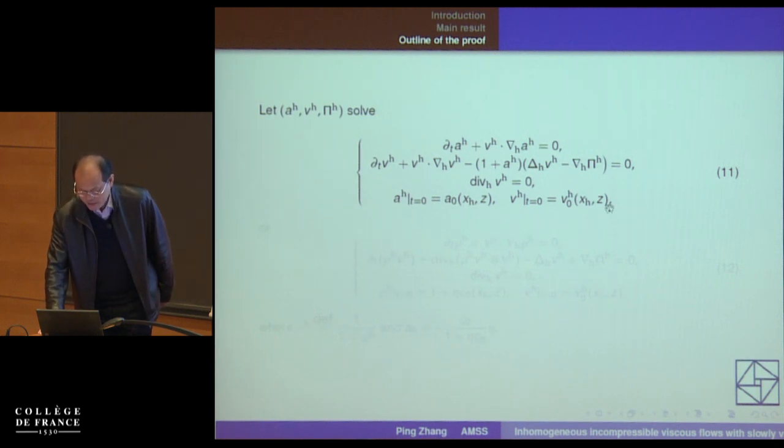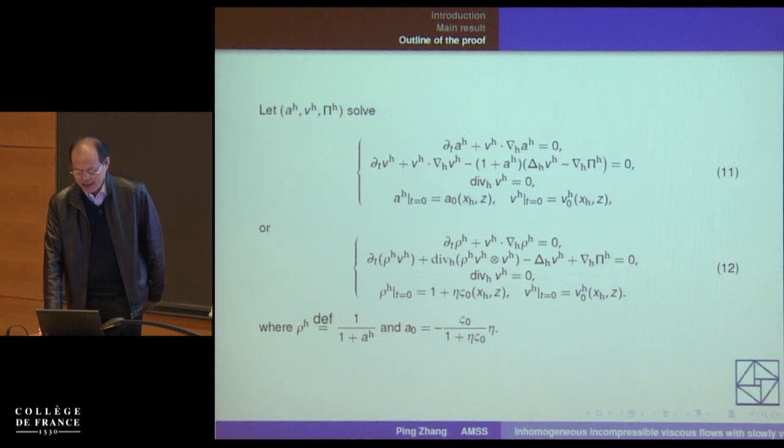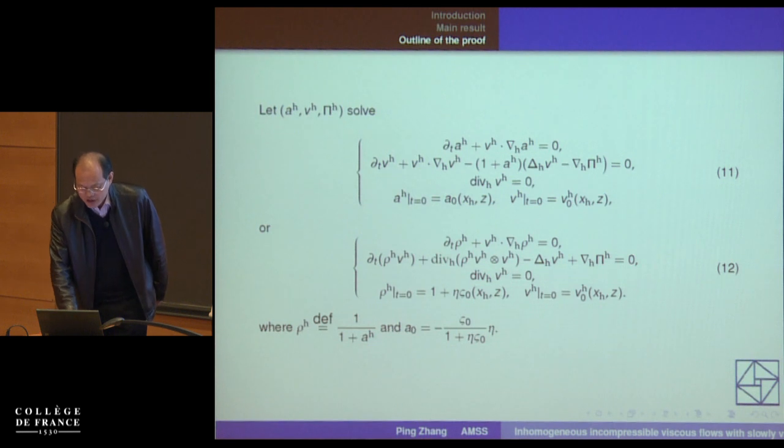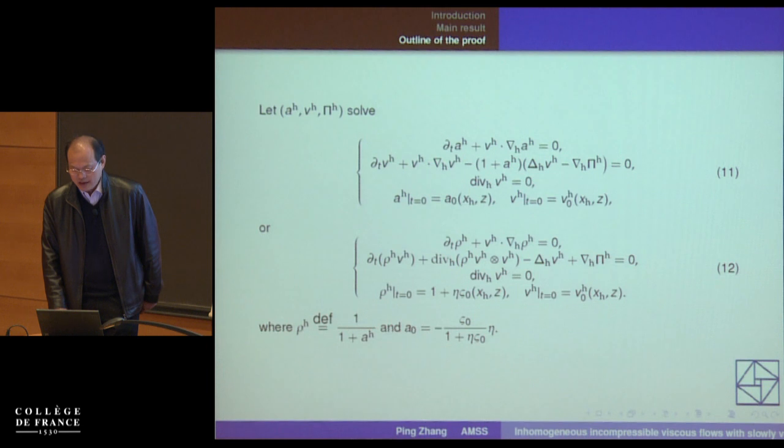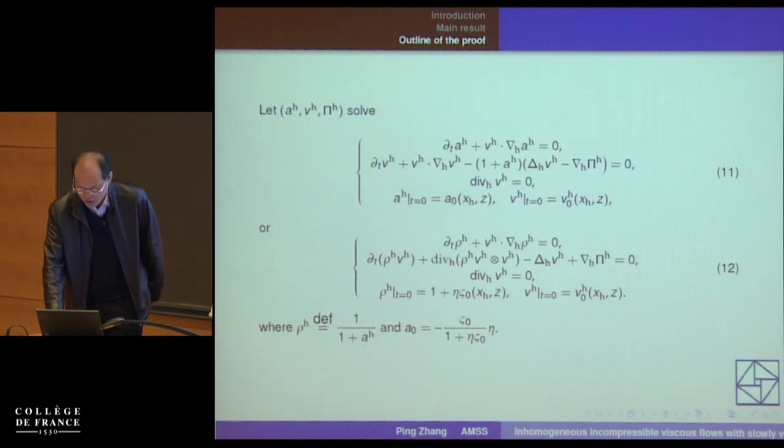Or equivalently, if we denote this rho h by 1 over 1 plus AH, this system can be equivalently reformulated as a system of rho h, VH, and pi h with the parameter z. So it's well known for the 2D inhomogeneous Navier-Stokes system, as long as the initial density is away from 0, this system has a global unique solution.